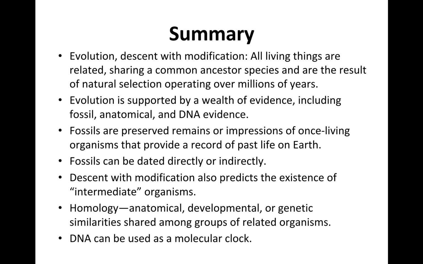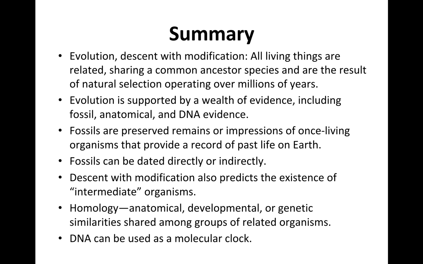So in summary, evolution, which is descent with modification, means all living things are related. They share a common ancestor species and are the result of natural selection operating over millions of years. Evolution is supported by a wealth of evidence, including fossil, anatomical, and DNA evidence. Fossils are preserved remains or impressions of once living organisms that provide a record of past life on Earth.